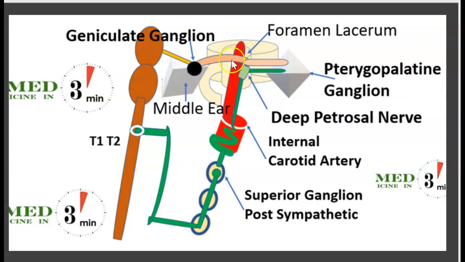Inside the foramen lacerum, the deep petrosal nerve fuses with the greater petrosal nerve together to go to the pterygopalatine ganglion as the nerve of the Vidian canal.